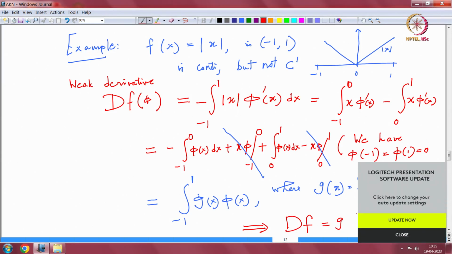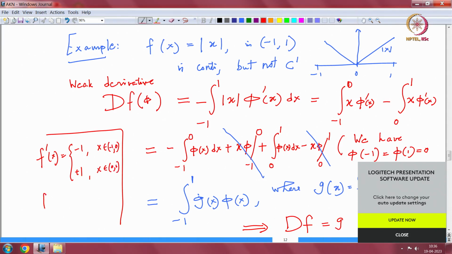So, this implies my weak derivative df is equal to g, that is same as f prime. Keep note that f of x equals mod x, so this is a remark you have to know: f prime of x is equal to minus 1 if x is in minus 1 to 0, and plus 1 if x is in 0 to 1. f prime of 0 is not defined, that is the only thing.